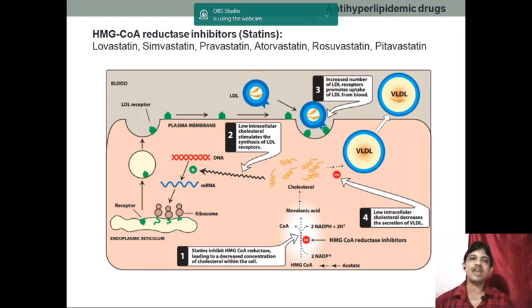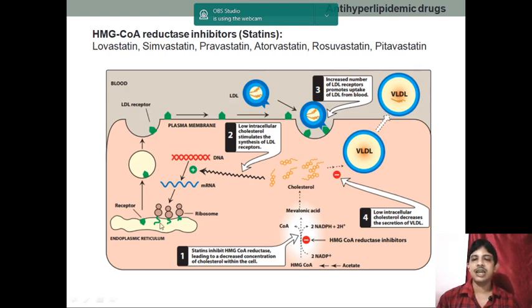Now, coming to the HMG-CoA reductase inhibitors, or the statins. Regarding cholesterol biosynthesis in the liver, as we have already told, one of the processes is from acetate.